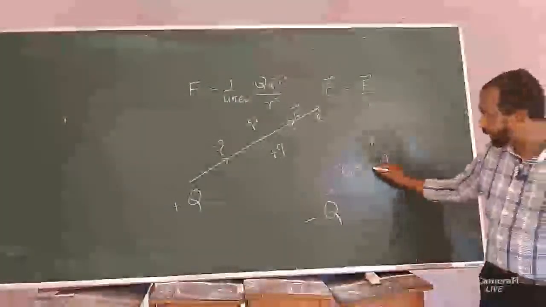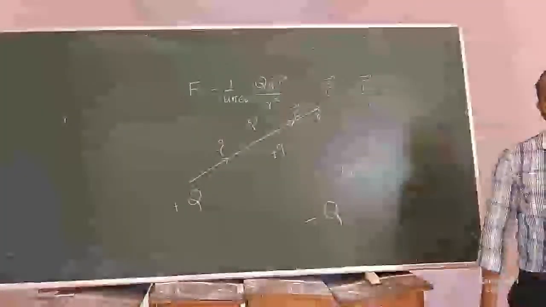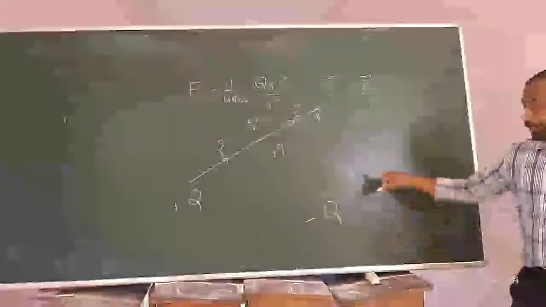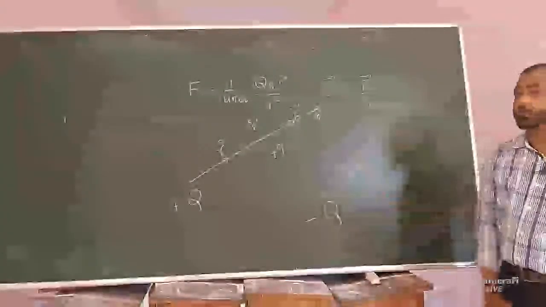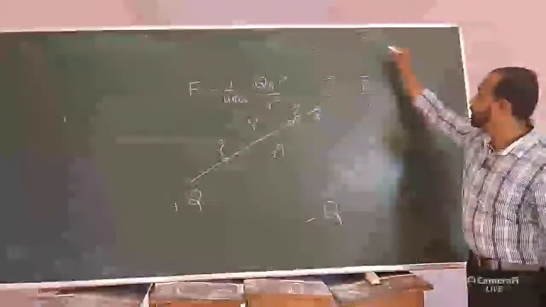I will write it as F dash vector, and this force F dash is opposite to the position vector. So in this form, how do you write the expression for F dash?